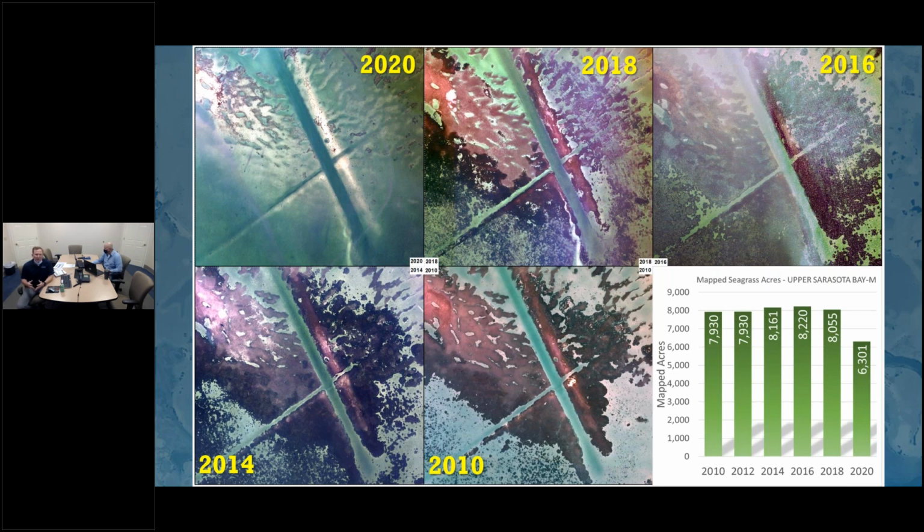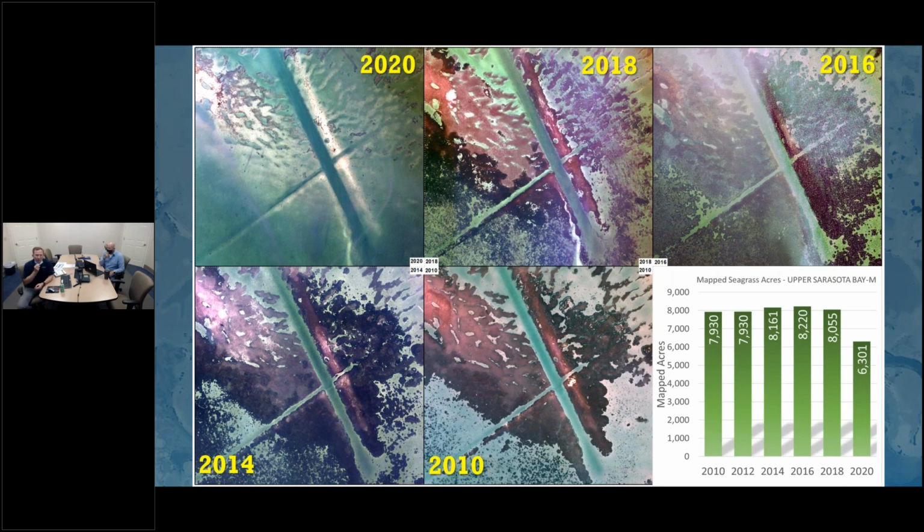And what we're considering is mapping the drift algae for future maps, because you can have seagrass and drift algae and be a seagrass polygon. In 2018, still the drift algae is there, but by 2020, it is a sandy bottom. There is no vegetation, no seagrass nor drift algae.